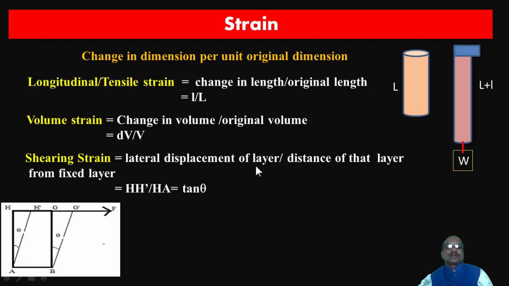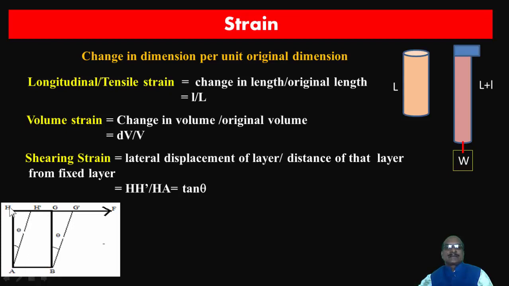This type of strain is called shearing strain, and it is defined as the lateral displacement of the layer to the distance of that layer from the fixed layer. Here we see that HH dash is the lateral displacement of this layer, divided by the distance of this layer from the fixed layer AB.